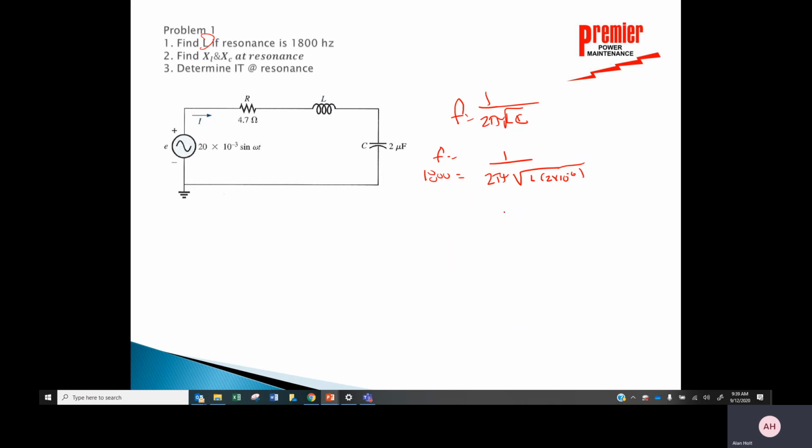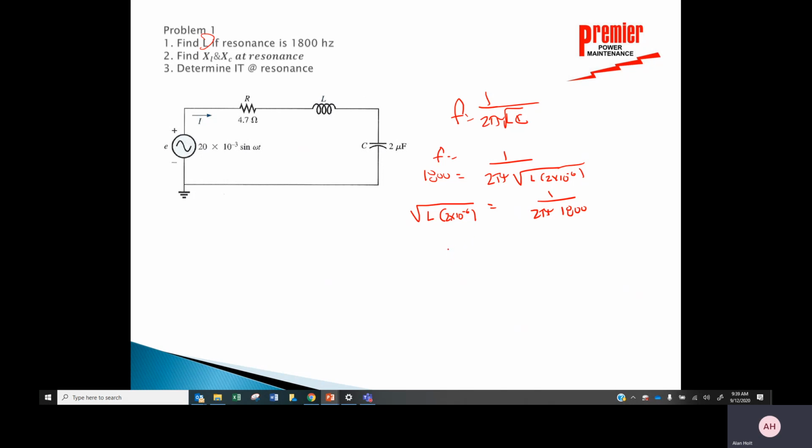Well, I can do some math there, and I can multiply both sides. I'm going to get the square root of L times 2 times 10 to the minus 6th is going to be equal to 1 over 2 pi times 1800. Little quick algebra there. So I'm going to square both sides.